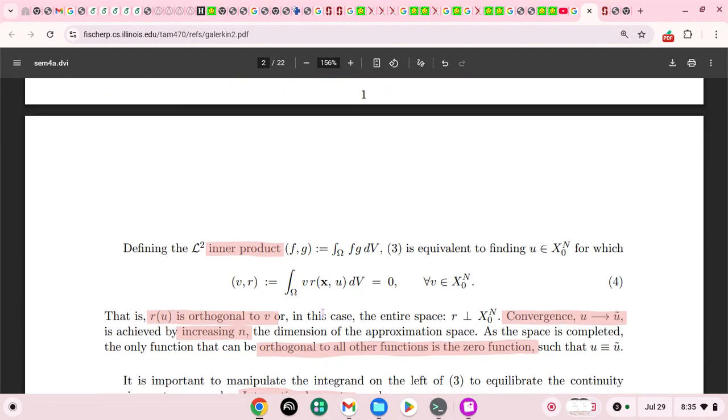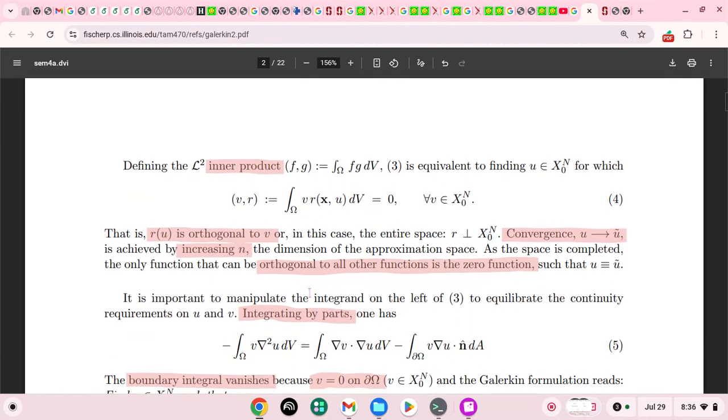If it is orthogonal, it means that the inner product between the test function and the residual will be zero. And as we increase the span of the basis functions, that is n increases, then u will converge to the true solution.